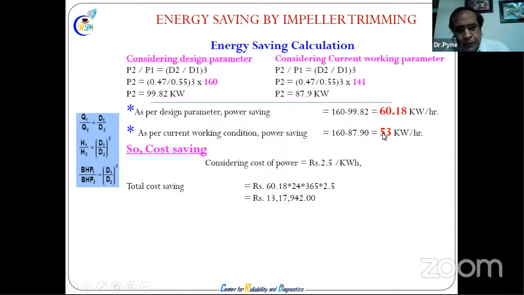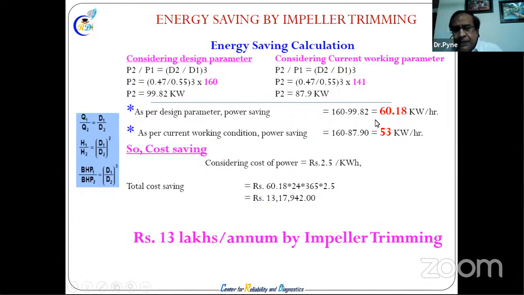As per current working condition, power saving they're getting 53, but here they have done it by changing the impeller diameter to 470, and they got a saving of around 2.5 per unit rate, and a total cost saving of 13 lakhs per annum. It is running, and they're getting 13 lakhs every year, because if they would run at the earlier diameter, they would have lost this. Okay, this is a refinery case. I cannot tell the company name or details.